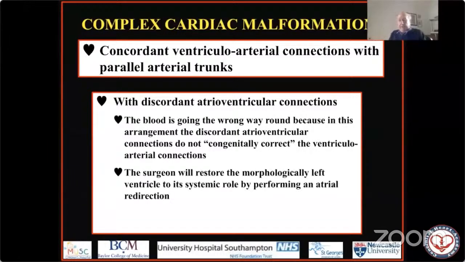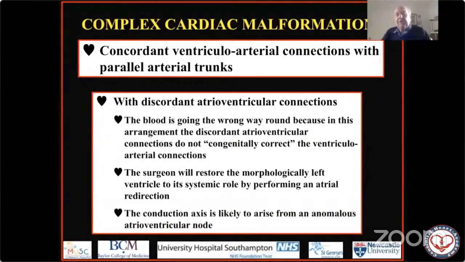The good news here is that the surgeon is going to be able to restore the morphologically left ventricle to its systemic role simply by performing an atrial redirection procedure. And this is what happens in most instances, and that will be part of correcting any associated malformations. But of course, the surgeon needs to take into account that the conduction system is going to be in an unusual position because of the discordant atrioventricular connections.